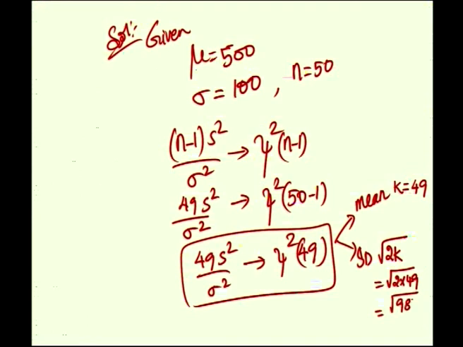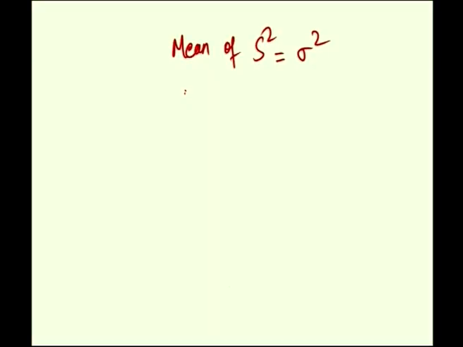That is the mean and standard deviation of 49 S square by sigma square. Now, you are asked to find the mean of sample variance S square as a separate random variable and the standard deviation of sample variance as a separate random variable. Mean of S square is sigma square and standard deviation of S square is root of 2 by (n minus 1) into sigma square.